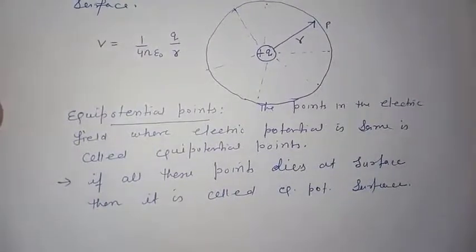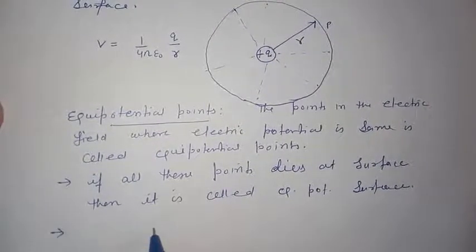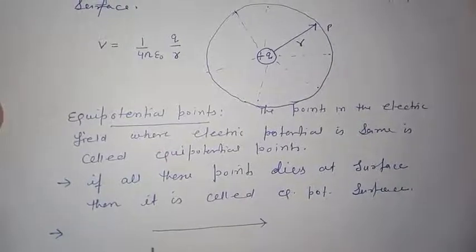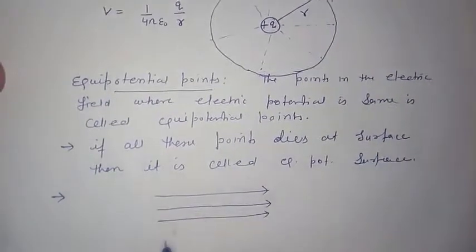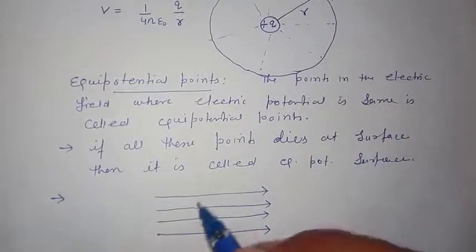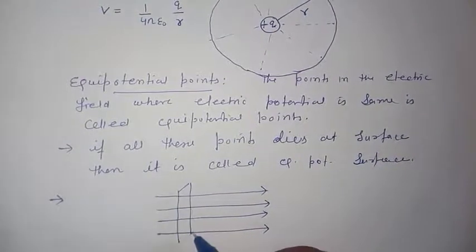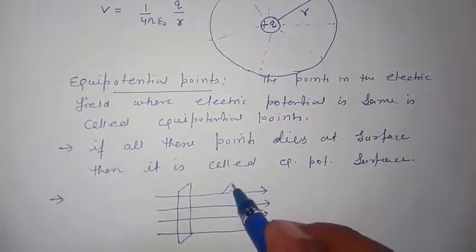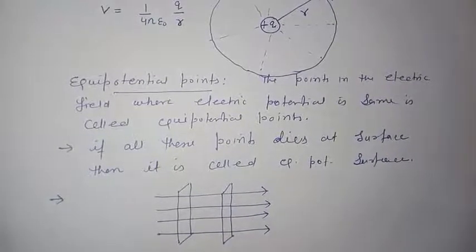If you have a uniform electric field, the field whose strength does not vary, it is always represented by parallel lines. In this case, the shape of the equipotential surface will be a plane perpendicular to the x-axis.